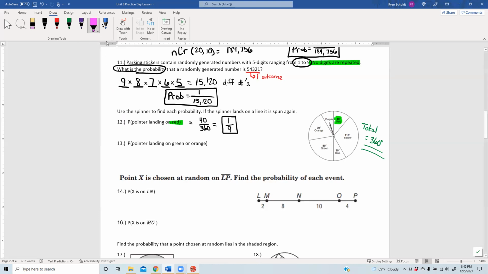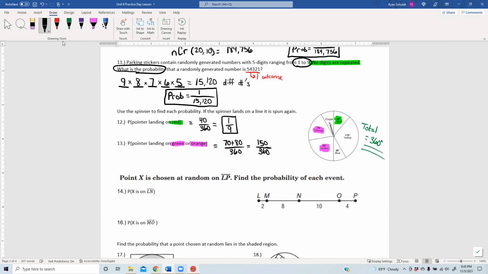And number 13, find the probability of the pointer landing on green or orange. Let's see, orange is here, green is there. So this will be 70 plus 80 over 360, which would be 150 over 360.